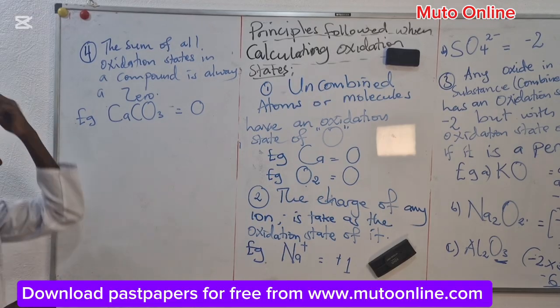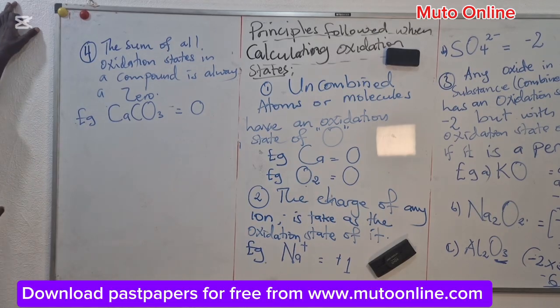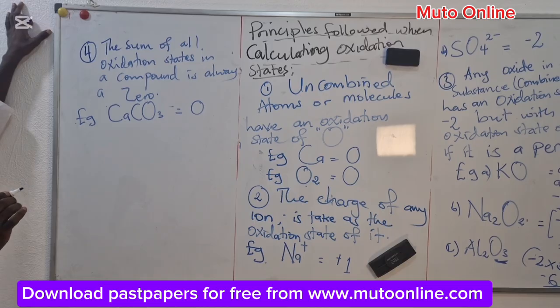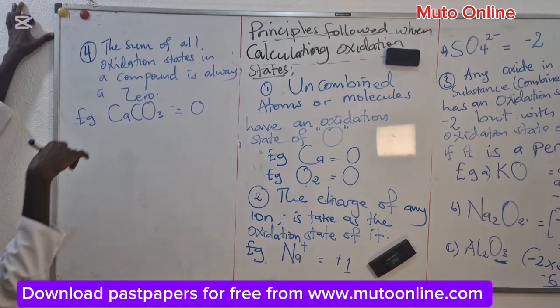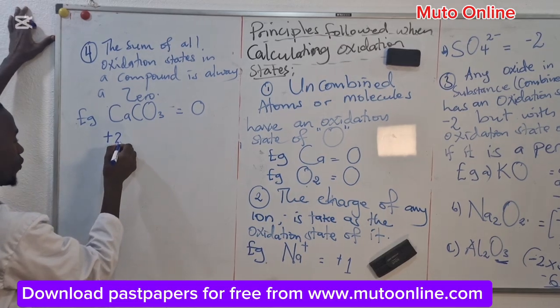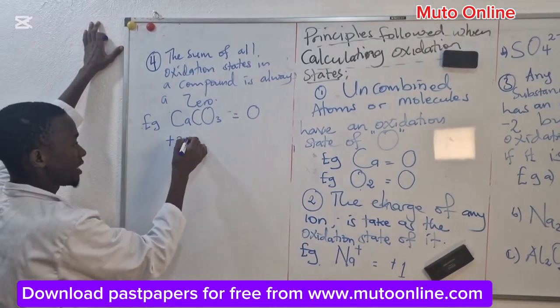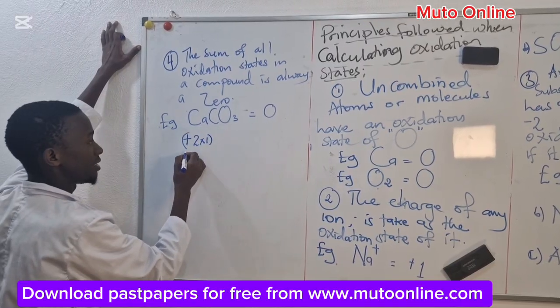Let us now think. Calcium needs to lose 2 electrons to become stable. We know it has a valence of 2. Being a metal, it will lose electrons. So we shall have a positive 2 for calcium times the number of calcium atoms in this, which is 1.